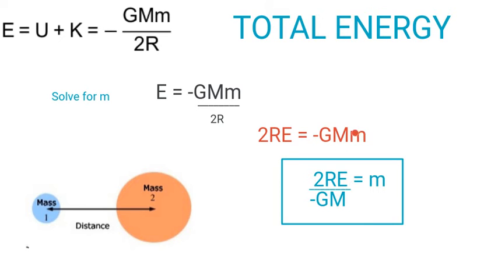And to get little m by itself, we have to divide both sides by minus GM. So we end up with this expression here, and that is equal to the mass. Keep in mind this radius is the radius of the Earth plus the altitude between them. We normally don't include the radius of the orbiting object because when you compare it to the Earth or whatever it's orbiting, it's usually not significant.